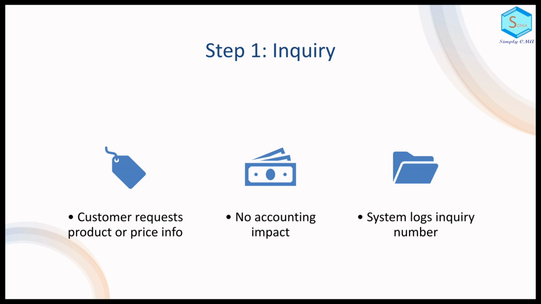There is no accounting entry in the books of accounts, but once an inquiry is made by a customer on the company's website, the ERP system automatically tracks the inquiry and starts interacting with the customer about why he has inquired, whether he requires this product or not, and so on.